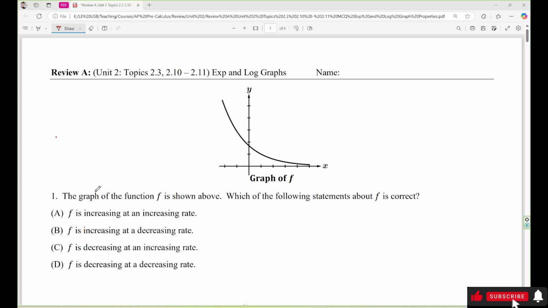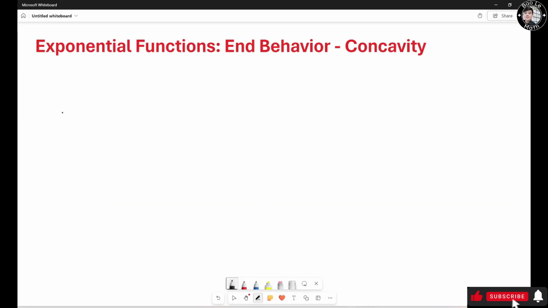Before we dive into the review, let's activate prior knowledge. We're going to explore the end behavior and concavity of exponential functions. An exponential function is given by the formula y equals a times b to the power of x, where a is the initial value or the y-intercept, and b is the common ratio.